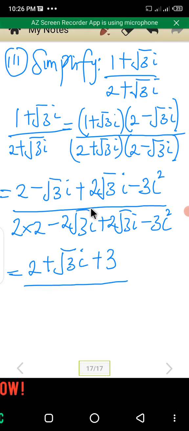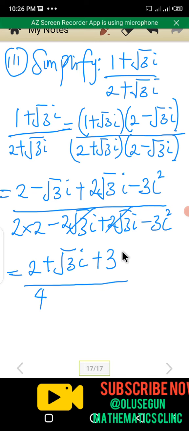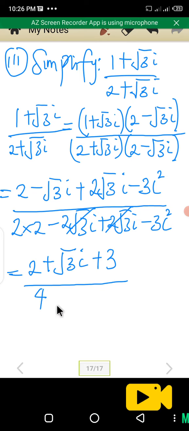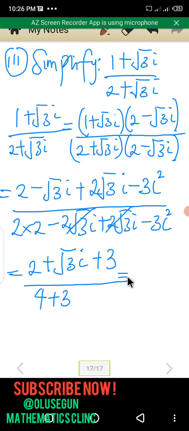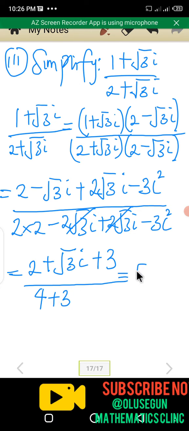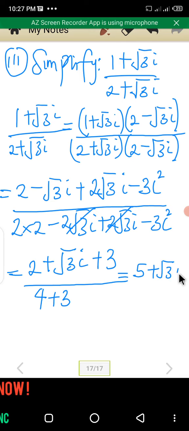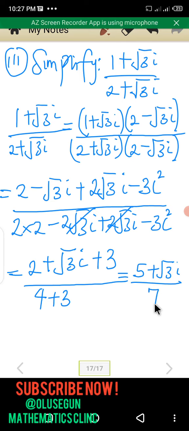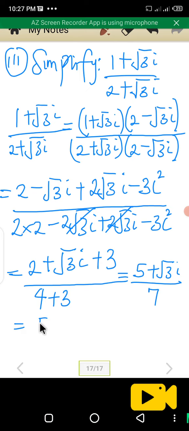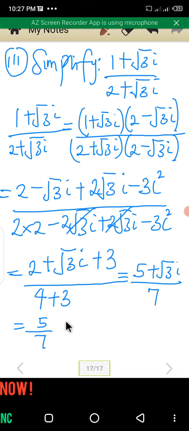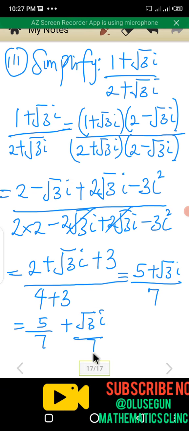This cancels this. This gives you 4, and i squared gives you plus 3, which is equal to 5 plus root 3i over 7. So the final answer is 5 over 7 plus root 3i over 7.